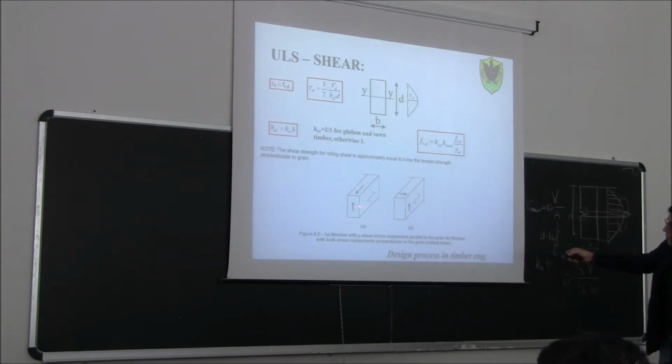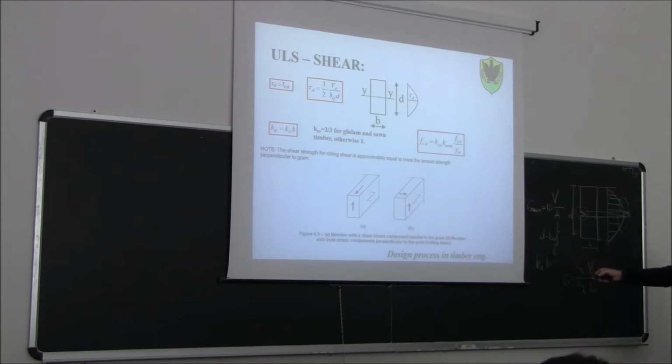In this case, you can have a shear plane along this plane here, a horizontal plane parallel to the axis of the beam, or you can have a vertical shear plane. While in this case, you have a shear plane always horizontal, but perpendicular to the beam axis.